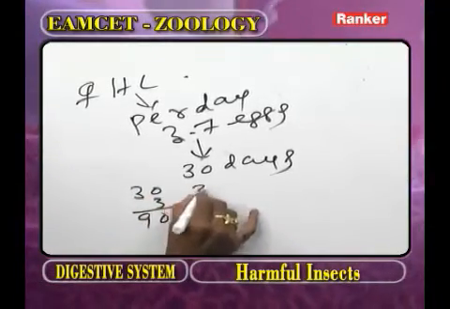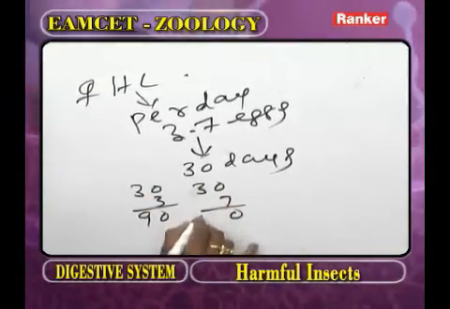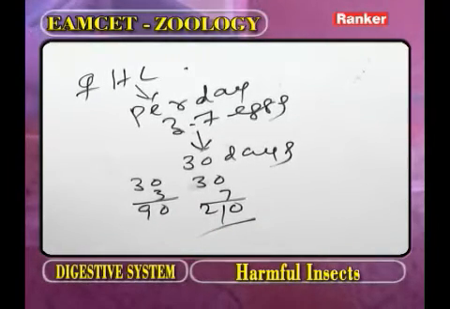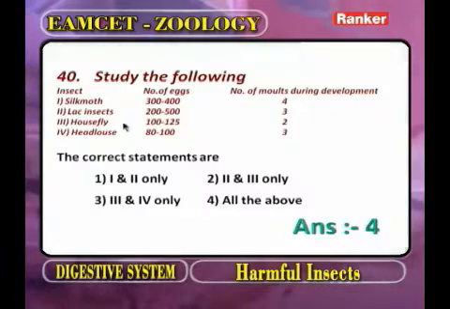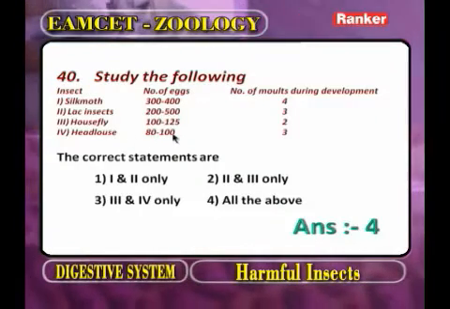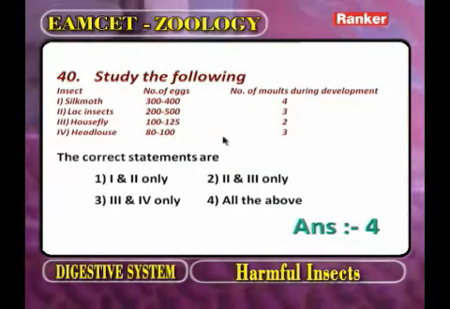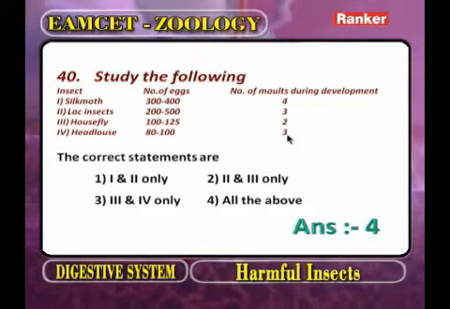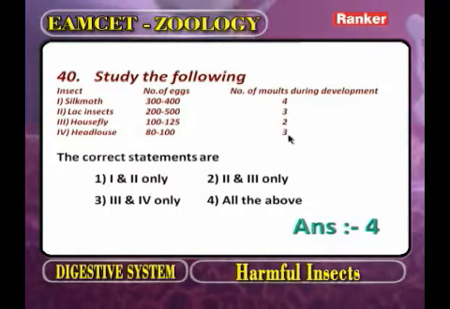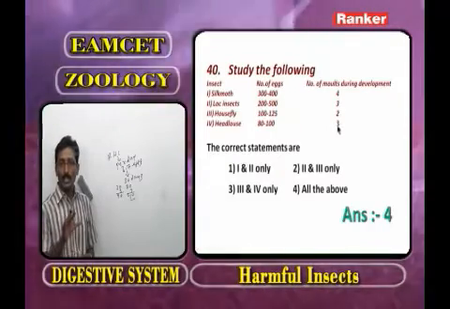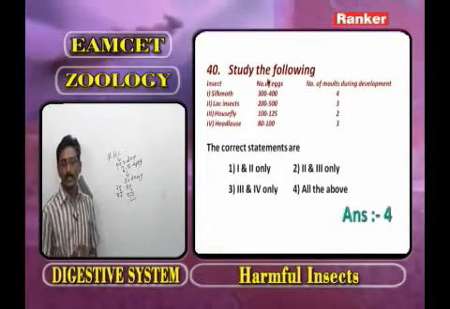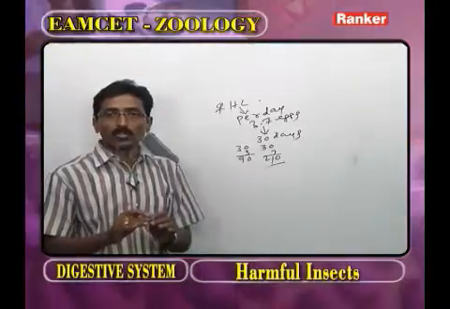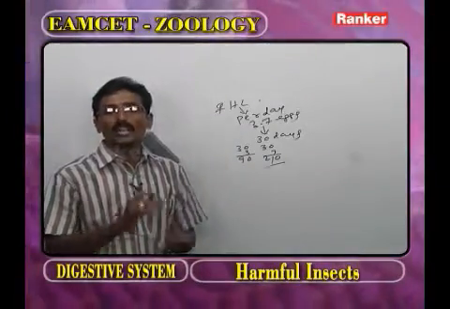Or per day 7 eggs. So the female headlouse releases in 30 days 80 to 100 eggs. Now in its life history, the larva undergoes how many moltings? 3 moltings. So all these 4 are correct. Now the correct answer is the 4th one. Now we have to discuss some bits orally.